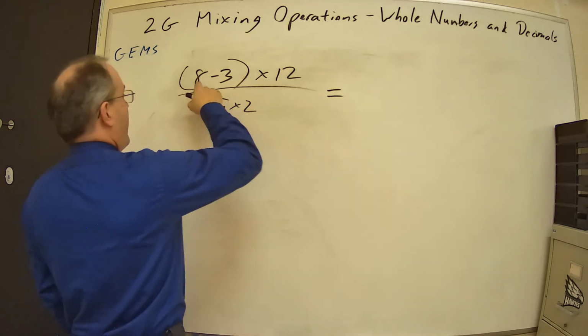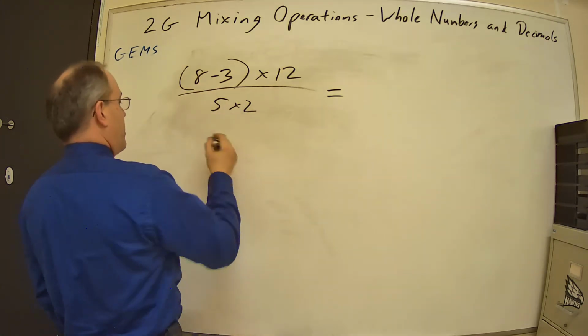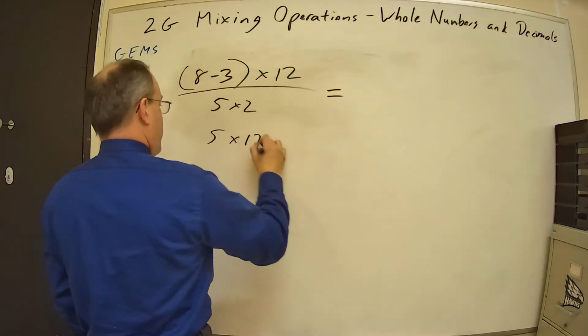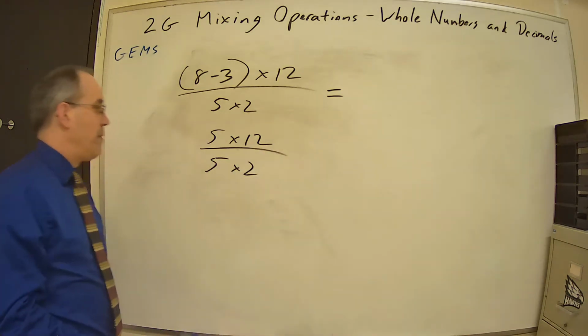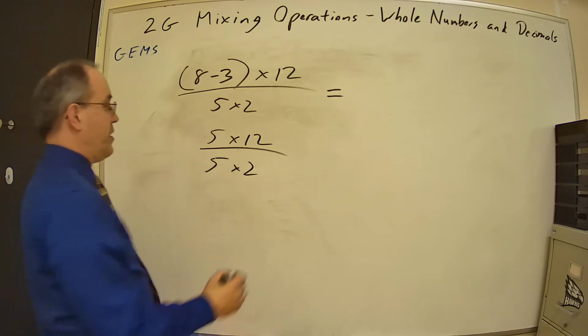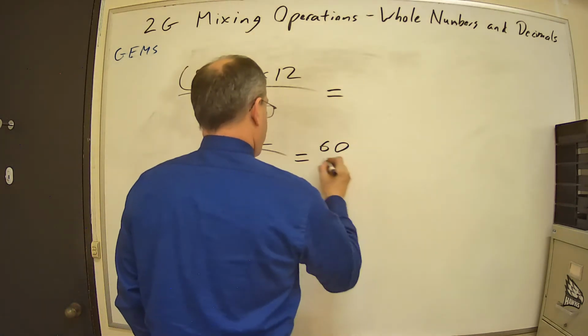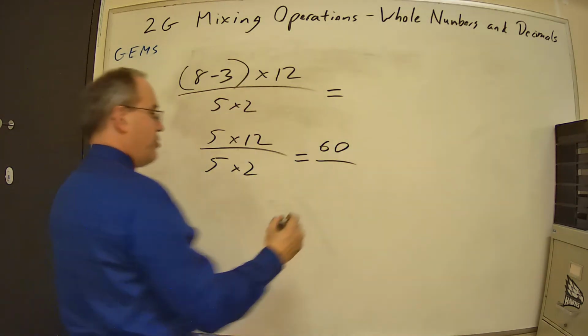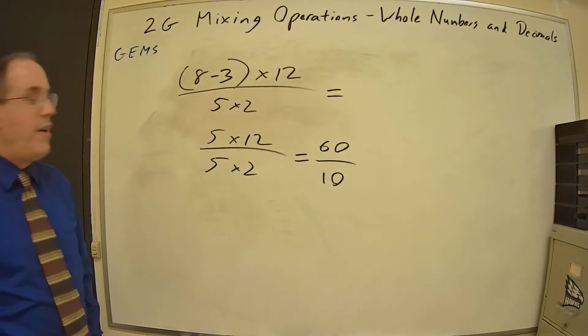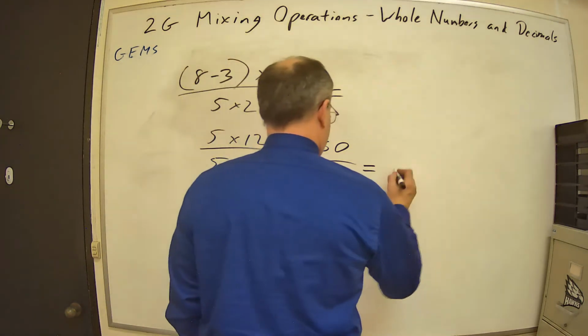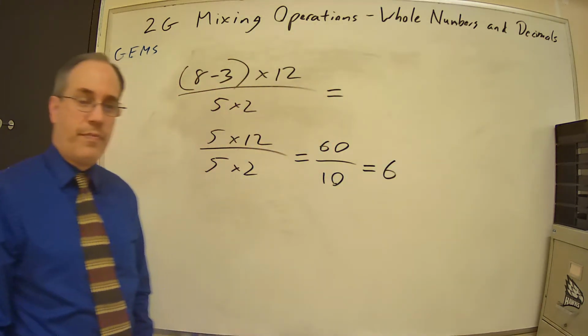So we go 8 minus 3 gives us 5 times 12 over 5 times 2. 5 times 12 is 60. 5 times 2 is 10. 60 divided by 10 is 6.